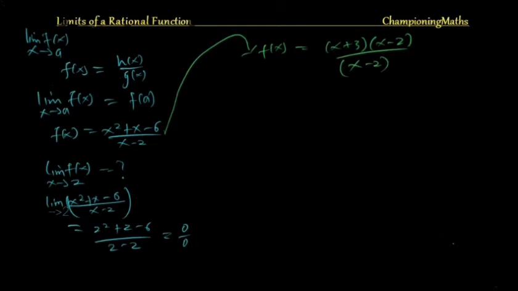Now reducing our fraction by x minus 2, our f of x now will be x plus 3. Of course, our f of x can be written as x plus 3, where x is not equal to 2.